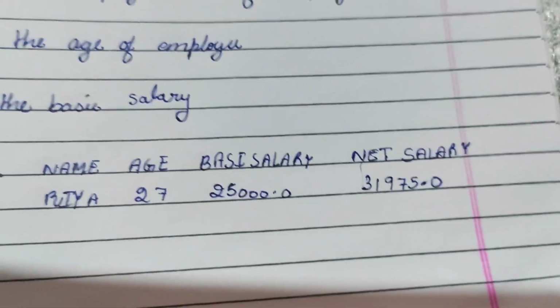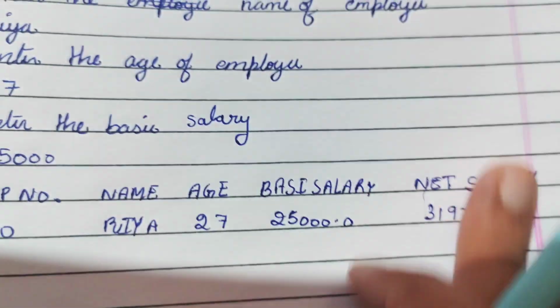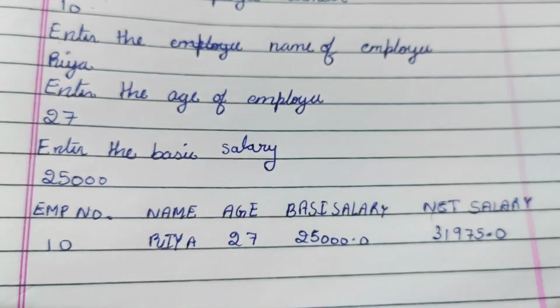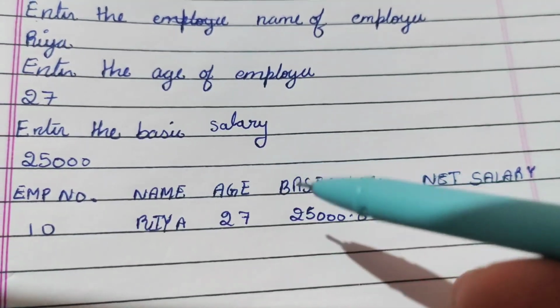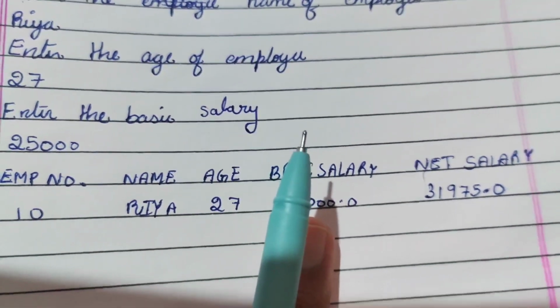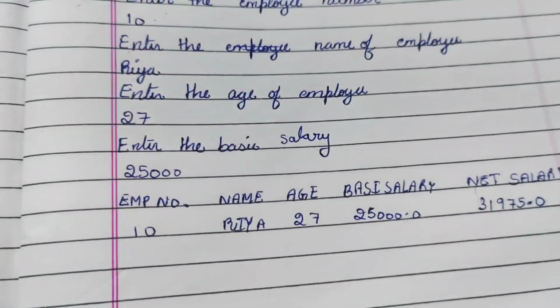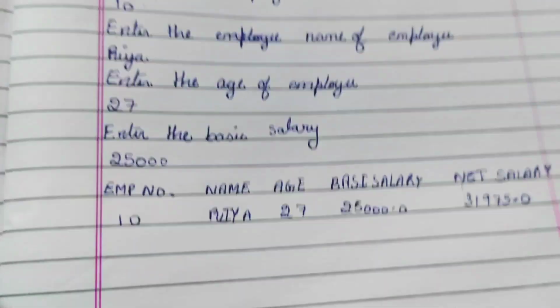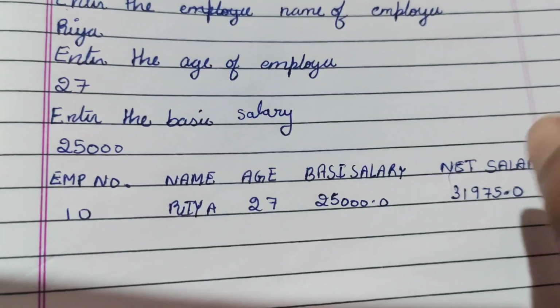So I have written the accurate answer. Make sure the net salary is always greater than the basic salary, so you will be getting a larger amount. Just add some numbers, let it be 1000 and 5000, it will be more. So 5000, 1500 you can add and write. I have added some other number to get this net salary, and write the variable description.